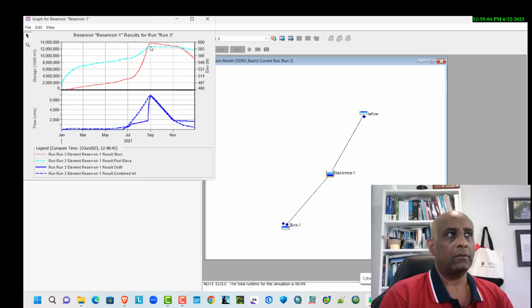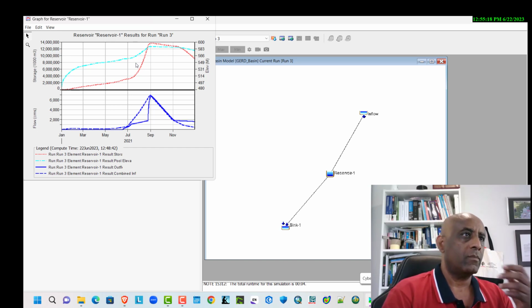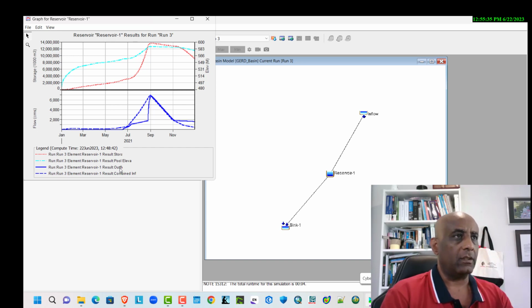In total, it's obvious, after the peak also, there is some water coming. Maybe this one is the combined inflow. Combined inflow is maybe groundwater.